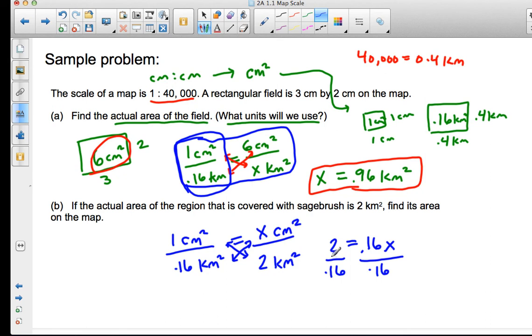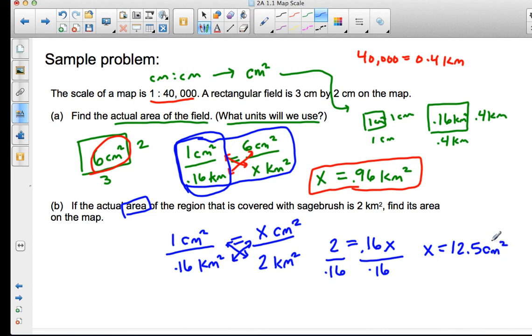In fact, it fits in 12.5 times. So x equals 12.5. Well, now I need to think about my units. What was I comparing? It looks like centimeters to kilometers. It looks like square centimeters because we're dealing with area. Remember, when you're dealing with area, your units have to be square values. So my answer is 12.5 square centimeters.